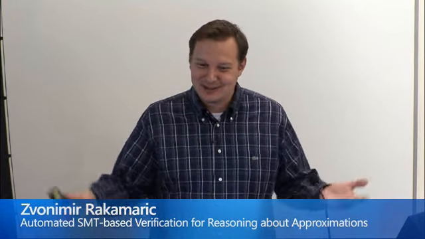A colleague of mine, for example, is working on approximating memories. They're tuning memory controllers to be able to lower the refresh rate in DRAMs. That way you conserve energy, but you might get more bit flips in the values that you read. So there is a trade-off there.